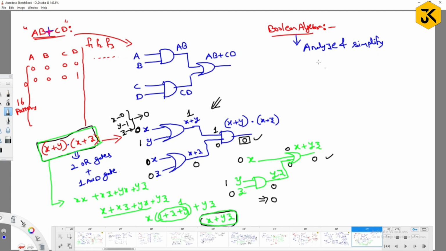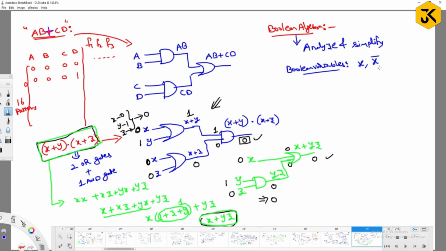That's it, right? So the basic things in Boolean algebra are, one, Boolean variables. All these Boolean variables can be available in normal form, like variable x, or its complemented form.